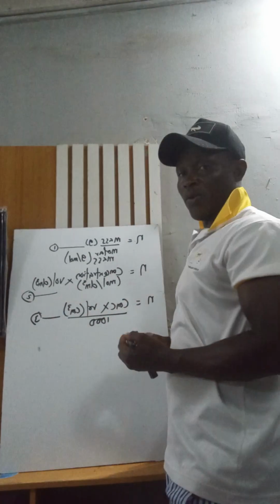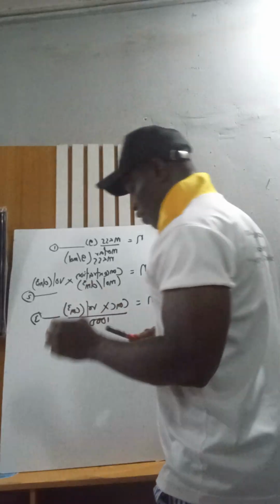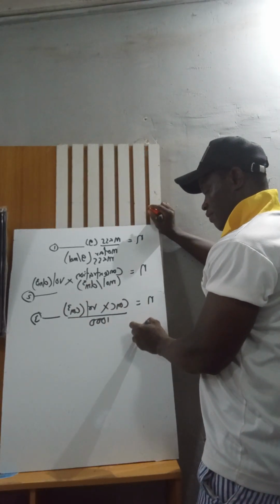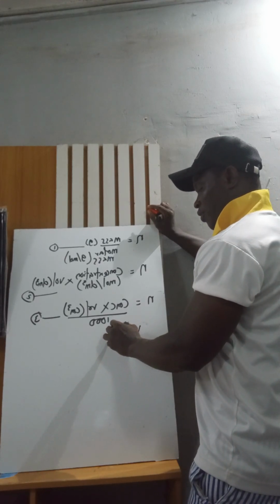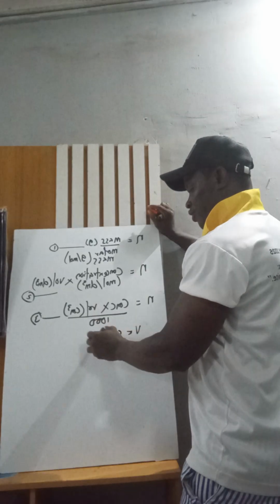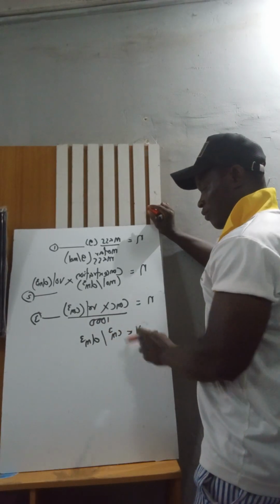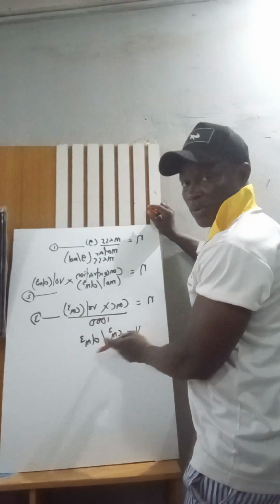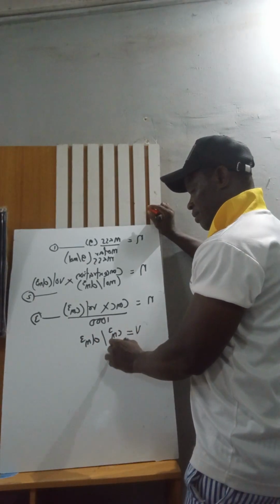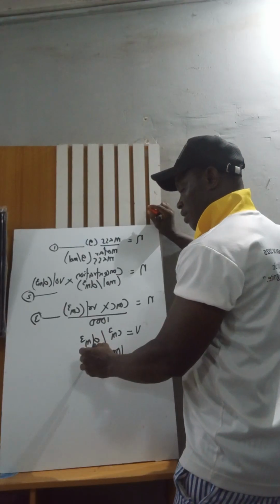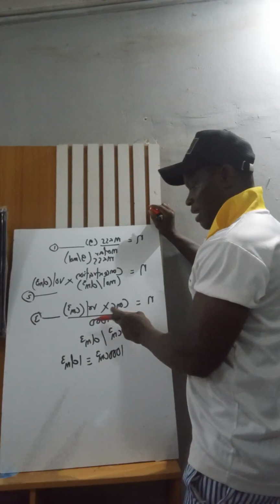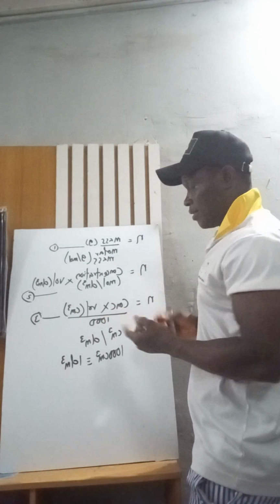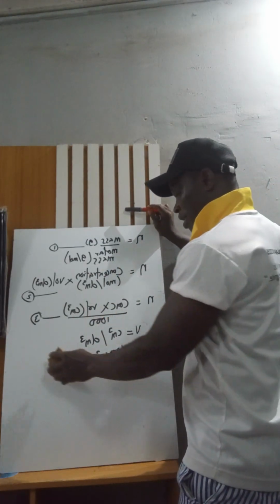Because volume can be measured either in cm cube or in dm cube, and 1000 cm cube is equal to 1 dm cube. That's the reason why we have to divide by 1000.